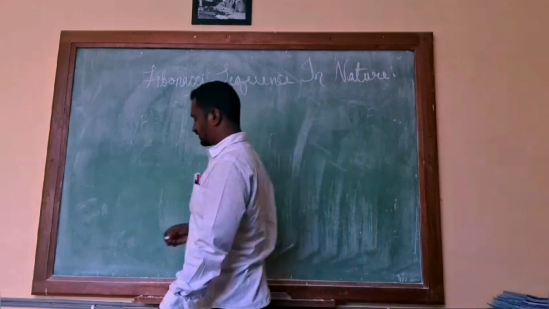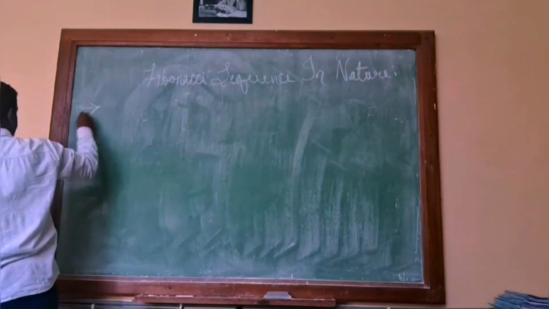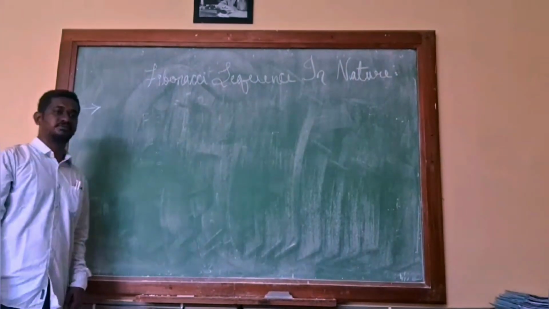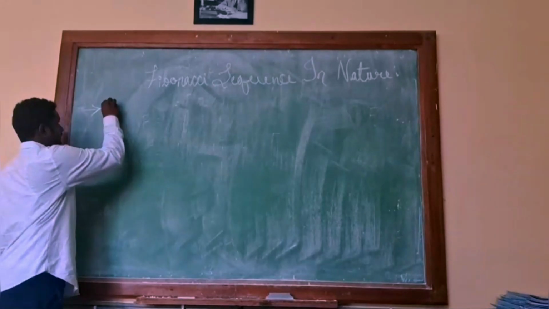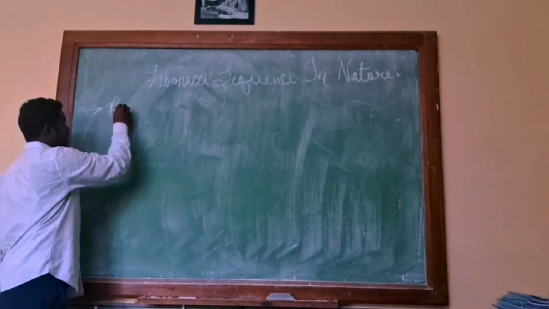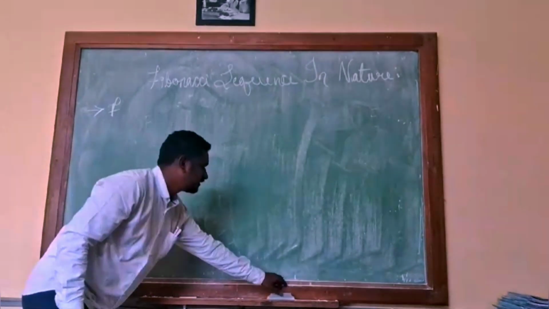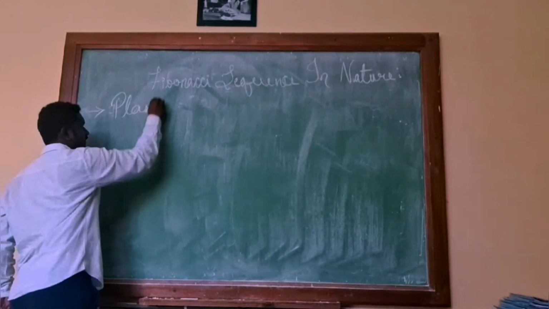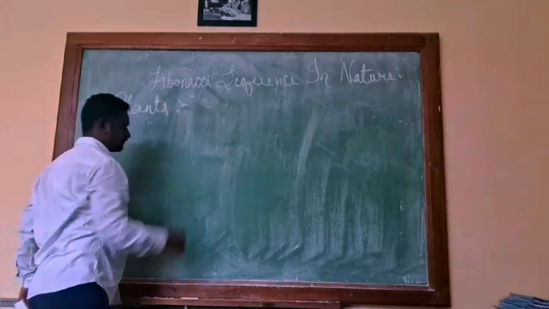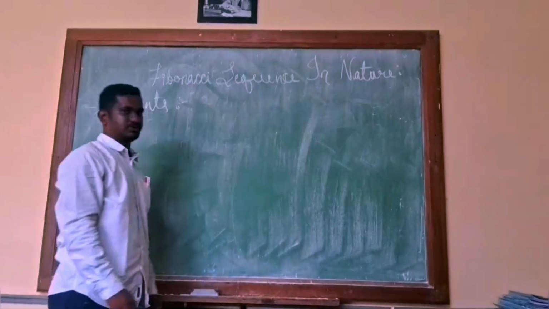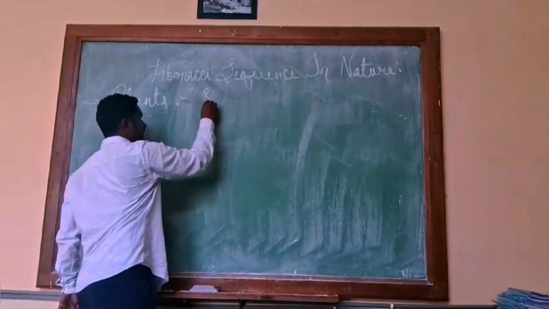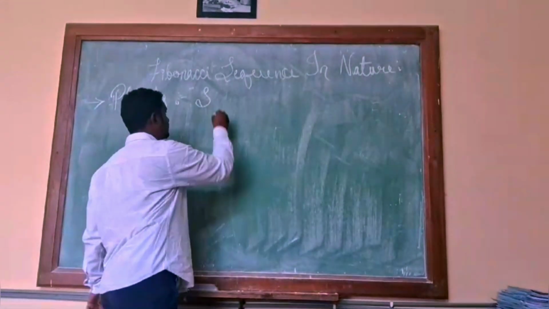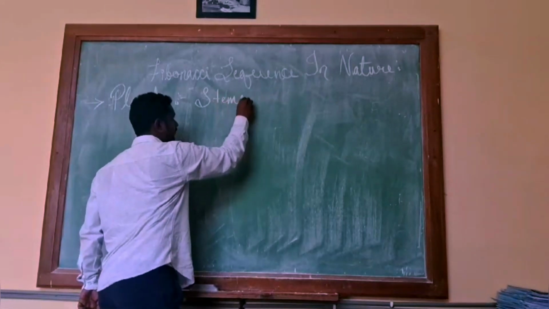Fibonacci sequence in nature. In the last class, hopefully, we discussed the Fibonacci sequence in plants. For example, we spoke about the stems of plants, any plants or trees, and how they grow.